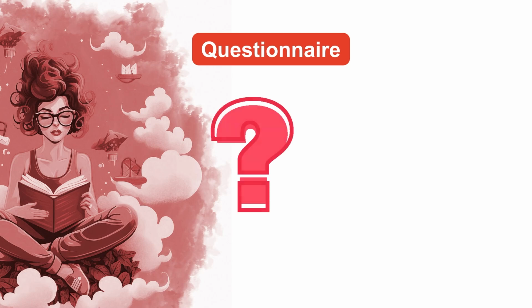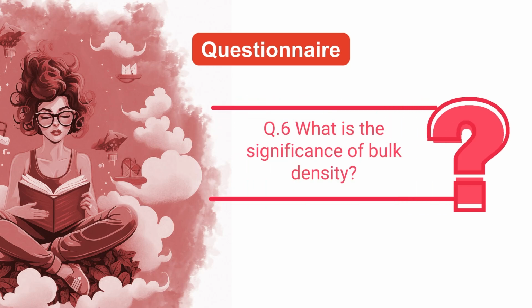So aerated and compact. What is the significance of bulk density? How much you will be able to pack. For example, you take chivda, you take mudi, the roasted rice. If it is rice in a sack, you may be able to put, for example, 50 kg. But in the same sack, if you have roasted rice, you will not be able to fill more than maybe 15-20 kg. This is because of the bulk density.